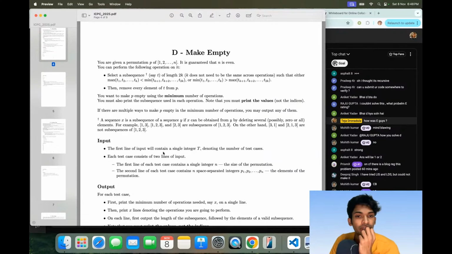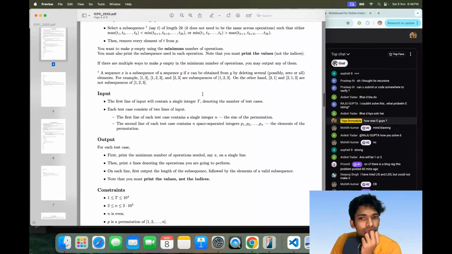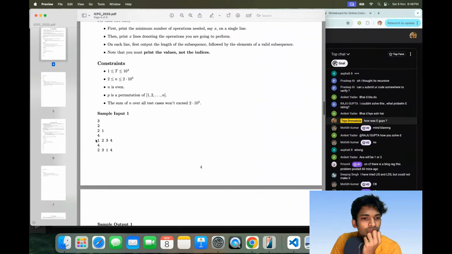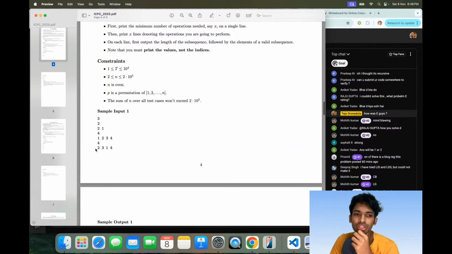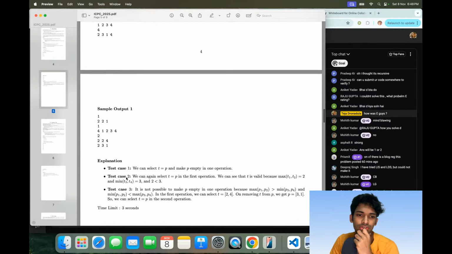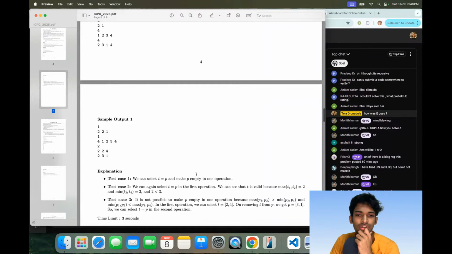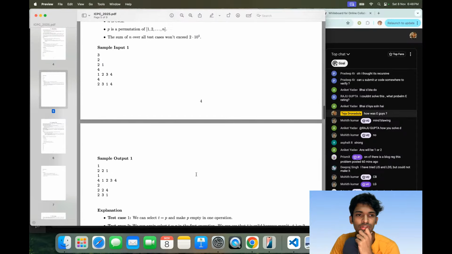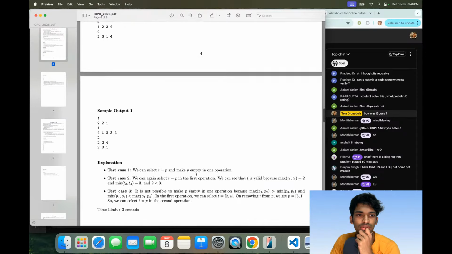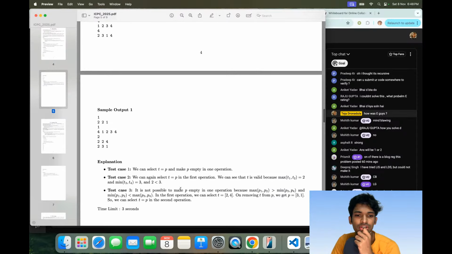You have to make it empty, right? So what do you do here? Okay, what do you do here in test case 3?